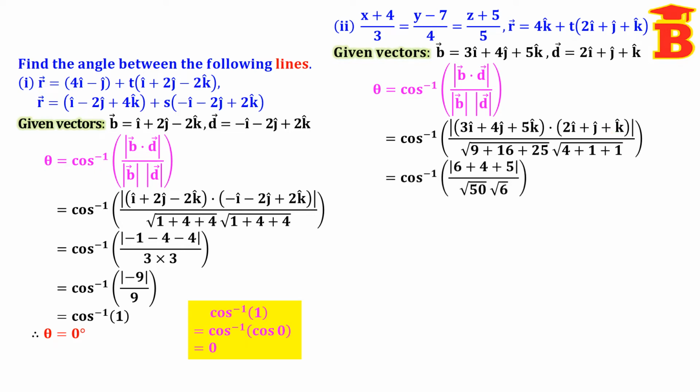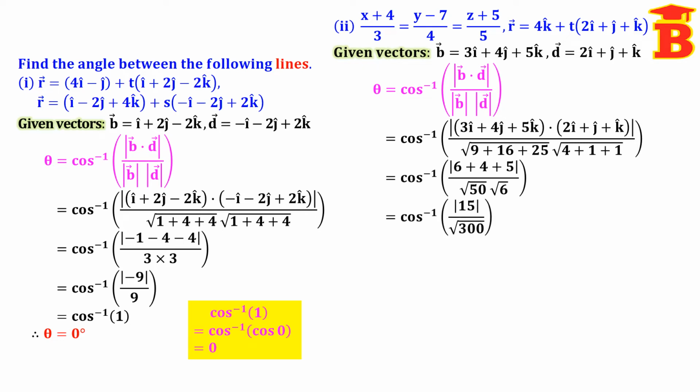So this is equal to cos inverse of modulus, taking the dot product: 3 into 2 is 6 plus 4 into 1 is 4 plus 5 into 1 is 5, divided by, this first term is root 50 into this second one is root 6.